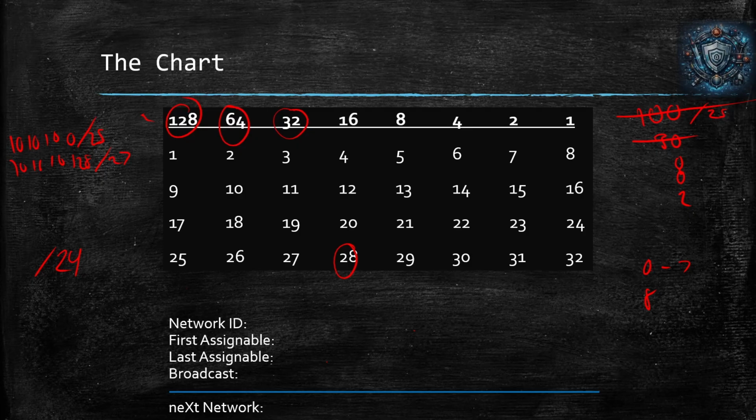So to do a /28 here, remember our next network was 160. We have 10.10.10.160 /28. So we'll start with 160.